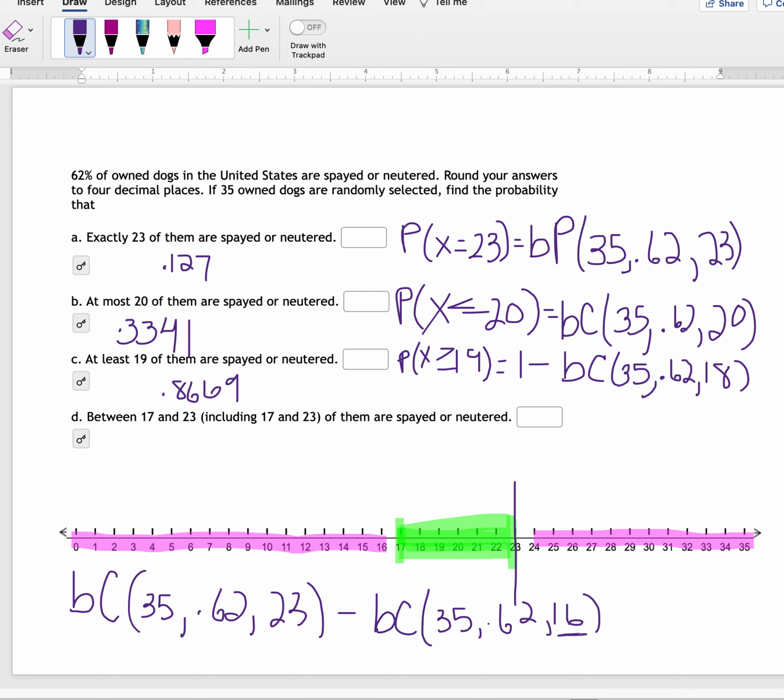So that's why this number here is 16. Now, if it didn't say we were including 17 and we were just doing 18 through 23, then we would take off the 17. But whatever value you want to include, you want to make sure that you do not subtract it off. You want to keep 17, so don't include 17 here. And again, the other way that you can do it is just find each of these individually with the PDF and then add them up.